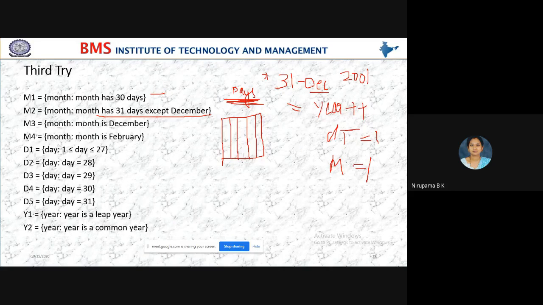This we have seen. So here, in the third case, we are specific about each day in a month. Only February is different. Again in February, we are checking the days between 1 to 28, 1 to 29, 30 days, 31 days. Each case we are checking.